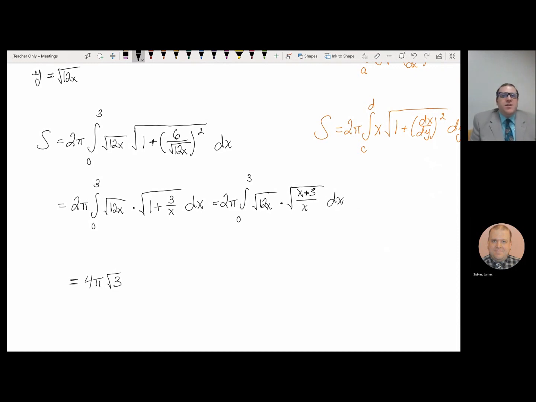I have a 4 pi root 3 times the integral from 0 to 3. I'm also going to distribute that root x through. Right? Because remember, if you have the square root of a times square root of b, it's the square root of a times b. So the integrand just becomes root x plus 3.